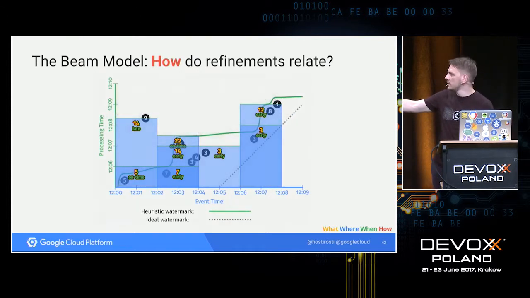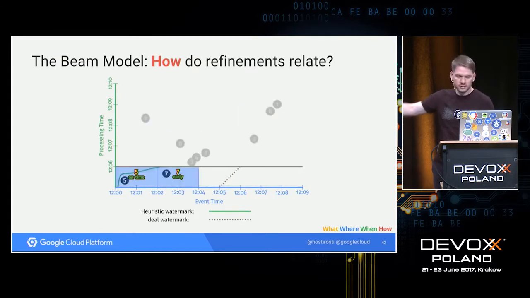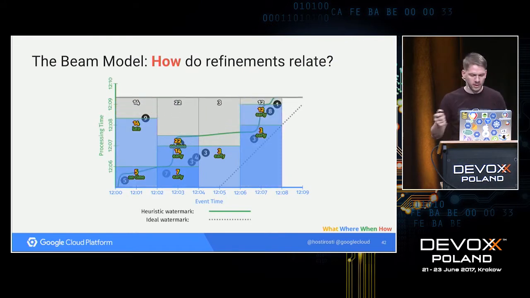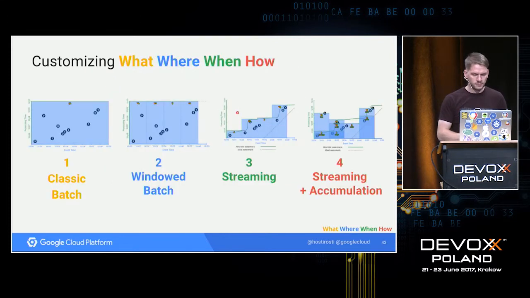Here we emit an early result every minute. So we see the early results 7 and 14 for the second window until we pass the watermark and emit the on-time result.